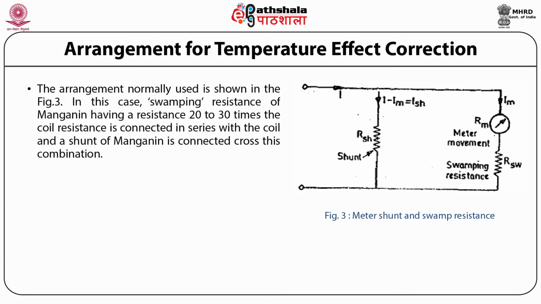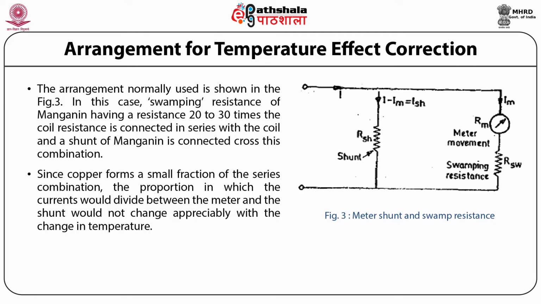The arrangement normally used is shown in figure 3, which shows the meter, shunt and the swamp resistance. In this case, a swamping resistance of manganin, having a resistance 20 to 30 times the coil resistance, is connected in series with the coil, and a shunt of manganin is connected across this combination.